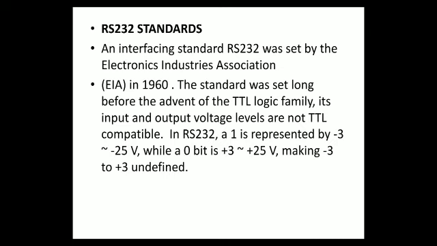Again a wide range of voltage, +3 to +25 volts, was considered as logic 0 in RS-232 standards. And -3 to +3 is called the forbidden range, or not defined.